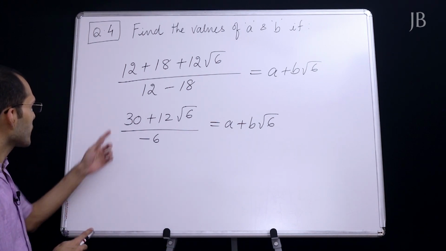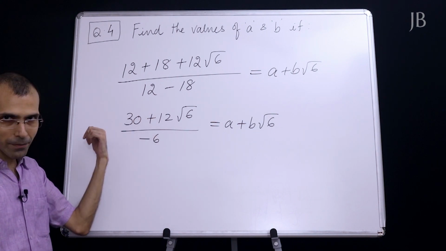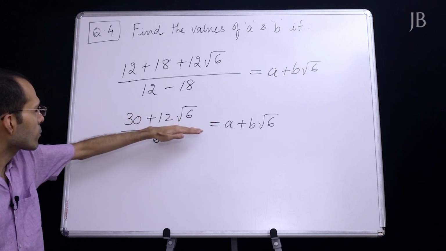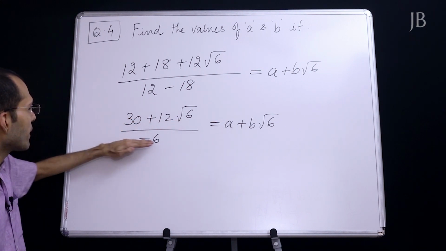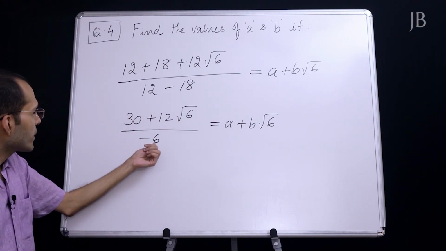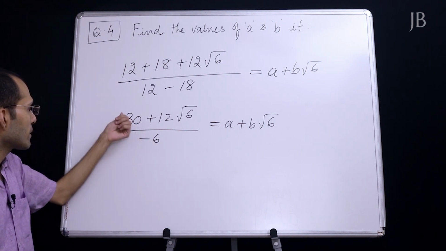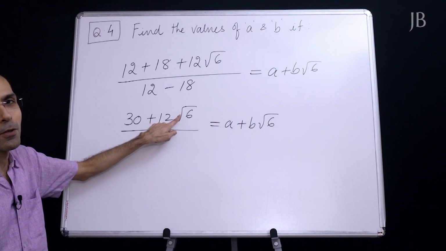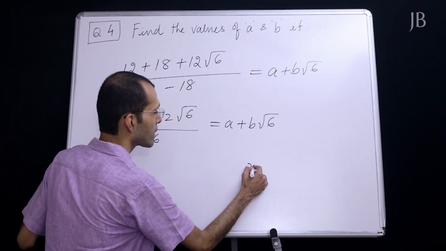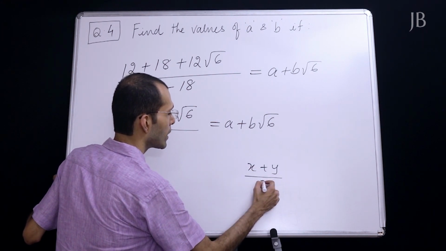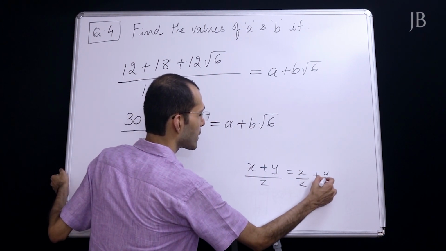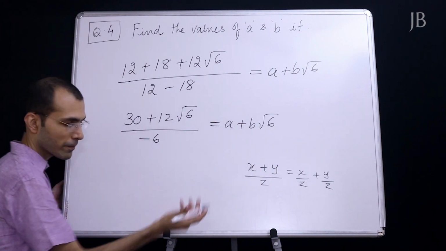Now see, from the numerator we can remove something common, or we can do double division. Like this is 30 plus 12 root 6, the whole divided by minus 6. So we can give this term here because it will get nullified. We can give this minus 6 to this term also. It is like, see, x plus y, the whole upon z can be written as x upon z plus y upon z, no problem.